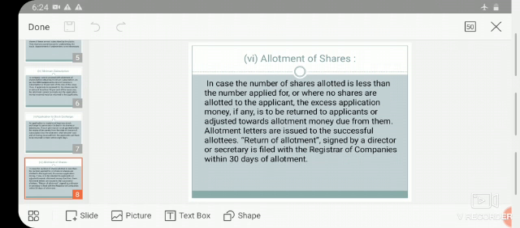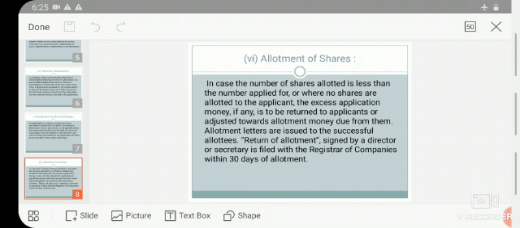Sometimes what happens? If the company receives 11,000 applications, then all these 11,000 applicants are not able to get company shares because the availability of company shares is only 10,000. Only 10,000 applicants will get the share, each applicant getting one share.